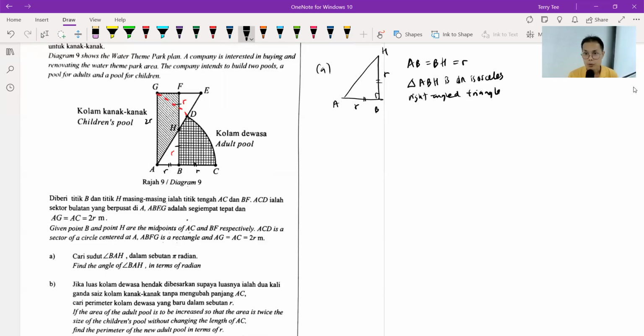So therefore, this angle should be what? 45, 45, right? So maybe we can say BAH is, in radian, pi minus pi over 2, divided by 2, pi over 4.